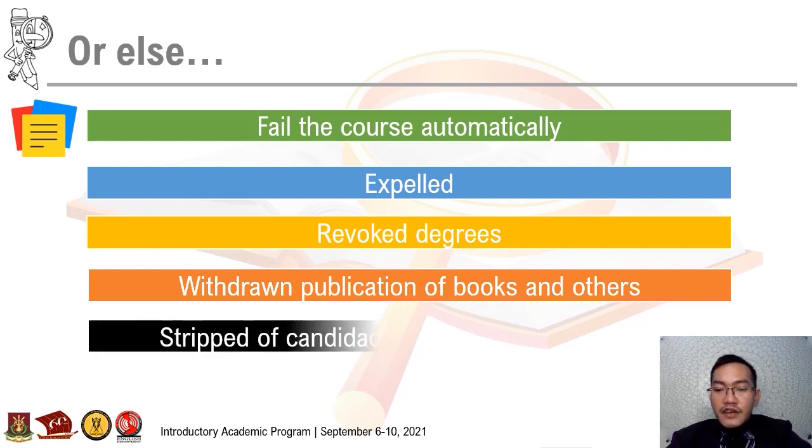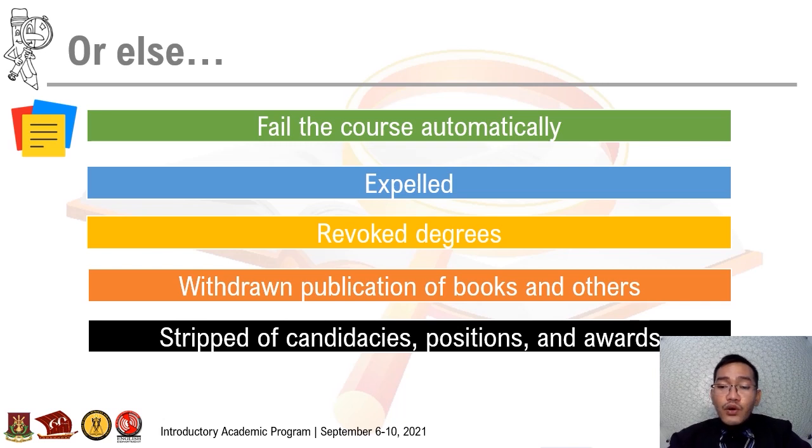And finally, if you are a researcher who received candidacies, or was placed in a position, or was awarded because of your research works, and it was found that your research has plagiarized parts, those will be taken back. Therefore, let's exercise caution to avoid these consequences.